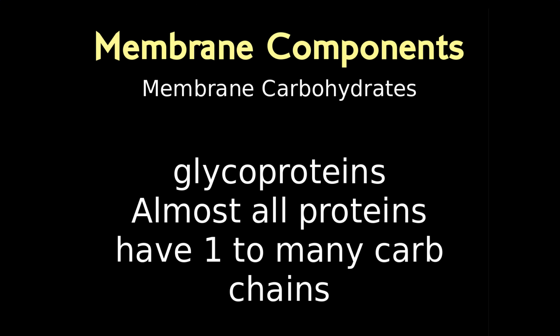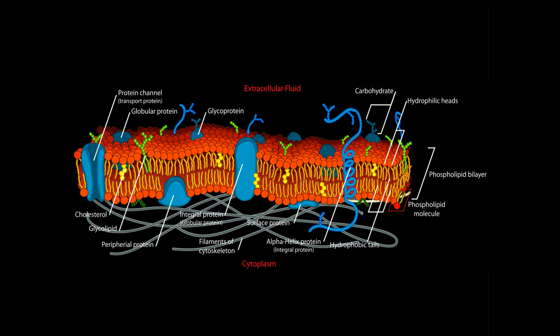So just to come back to this illustration, we have a glycolipid here. This is just a neutral lipid with a carbohydrate chain on it. We have carbohydrates sticking on glycoproteins here, or on proteins, making them glycoproteins, and on and on.